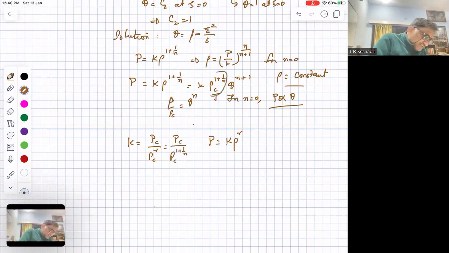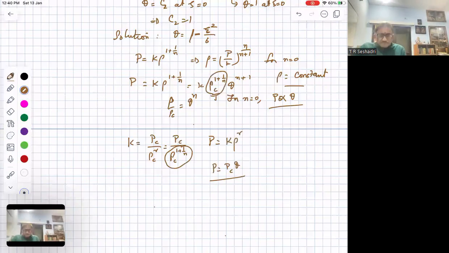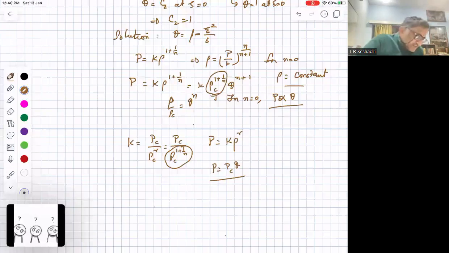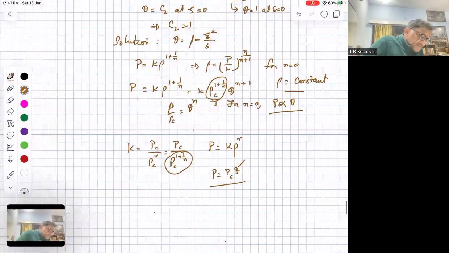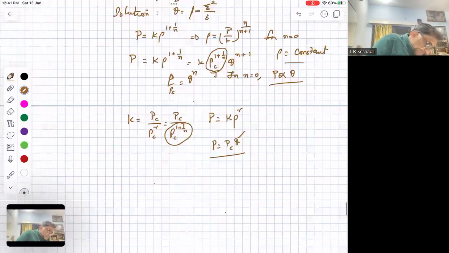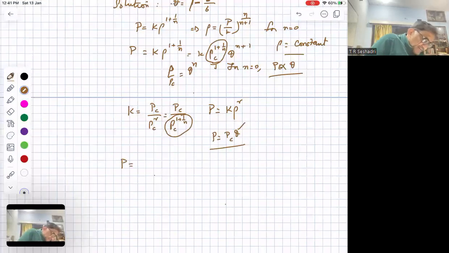And so this quantity and this quantity get cancelled, and P will be equal to PC times theta. Do you get it? Okay. So what it means is this theta which you have calculated is something proportional to pressure. And so it means that the pressure is equal to PC times 1 minus xi square by 6.